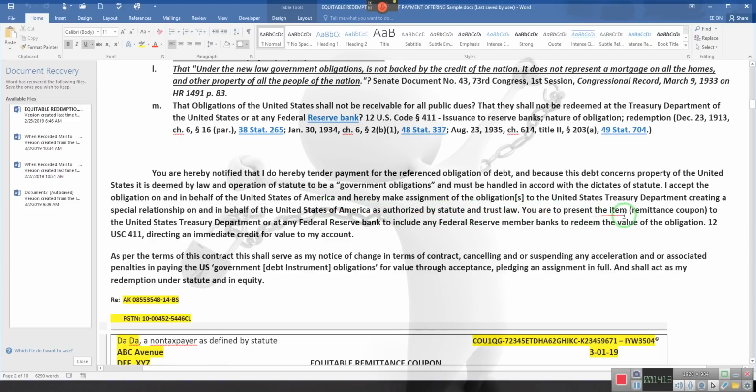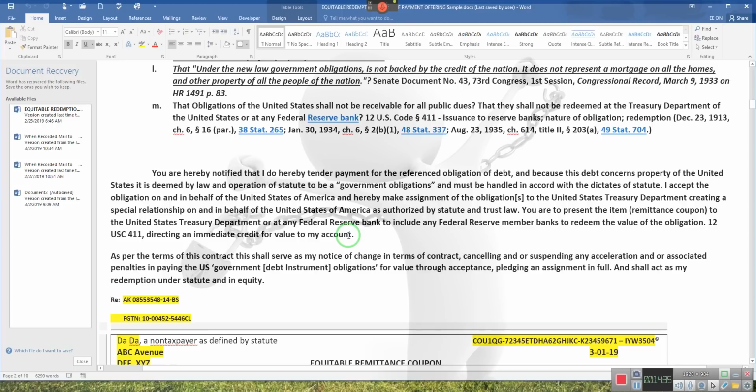You are to present the item, remittance coupon, to the United States Treasury Department and or any Federal Reserve Bank to include any Federal Reserve member bank to redeem the value of the obligation, 12 U.S.C. 411, directing an immediate credit for value to my account.